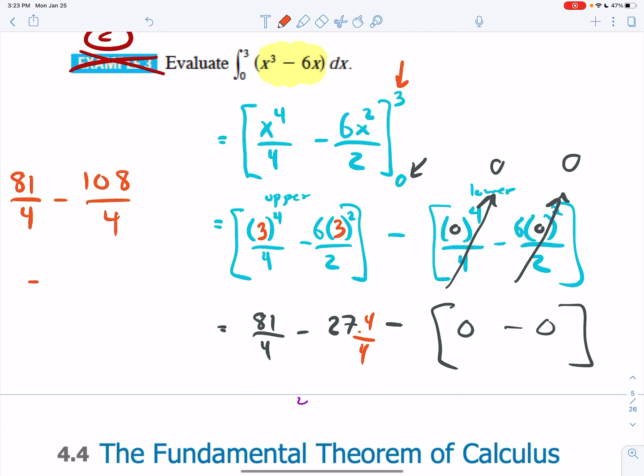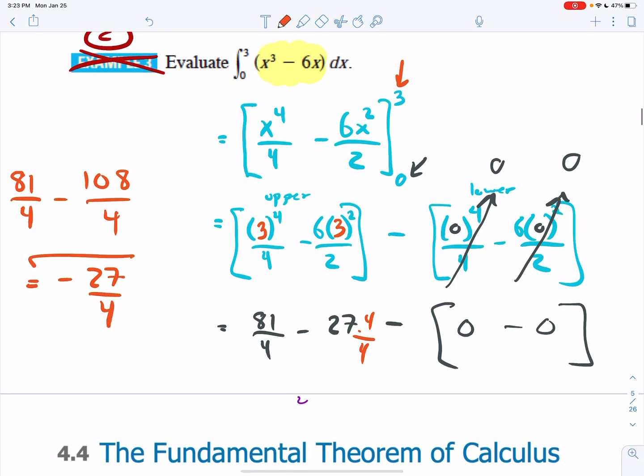So if I subtract that, I should get negative, oh gosh, what is that? 27 over 4. Hopefully I got that right. Okay, and this is your answer. But don't lose context. What does that mean, right? We found the area under the curve. And there's more area below the x-axis since your answer ended up with a negative. Okay?